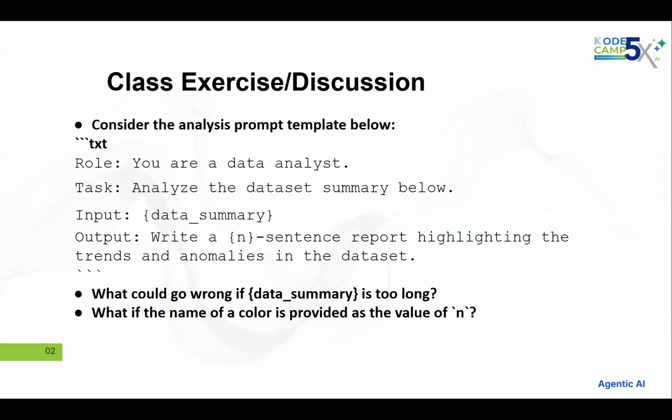By chunking the data, instead of just saying analyze the entire data set, you could have it analyze each chunk separately. So it creates an analysis of each chunk. And then maybe at the end, you have it combine all the different chunk analyses and summarize that into a final analysis.